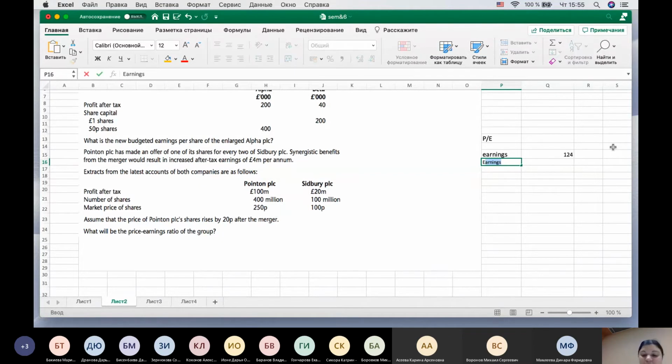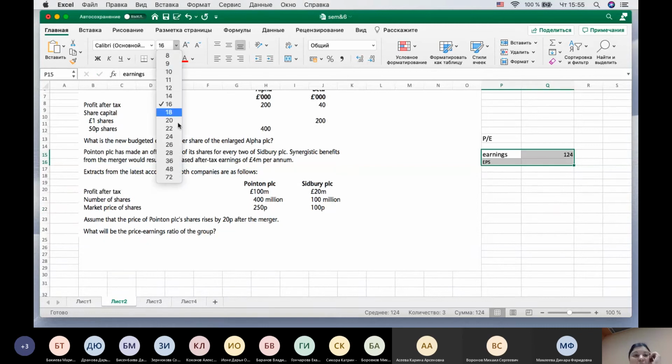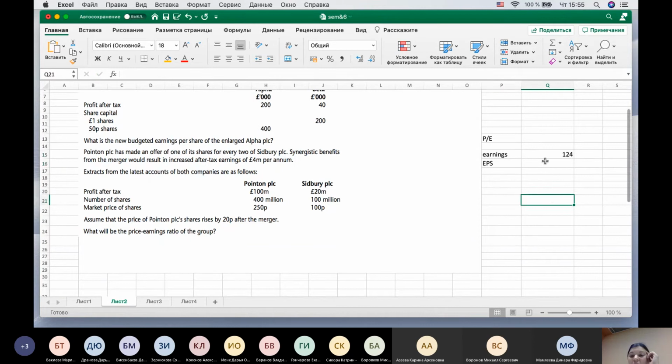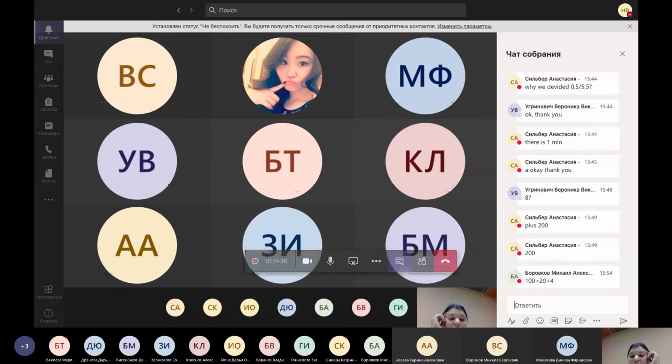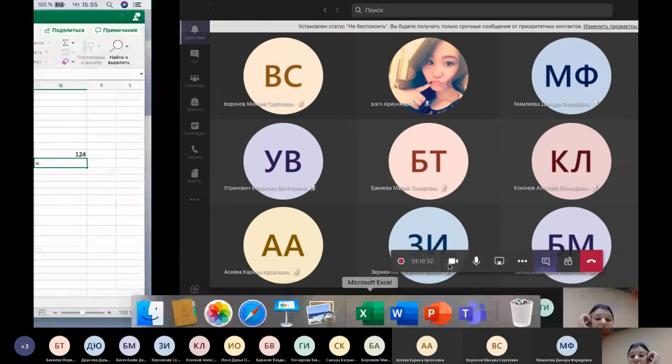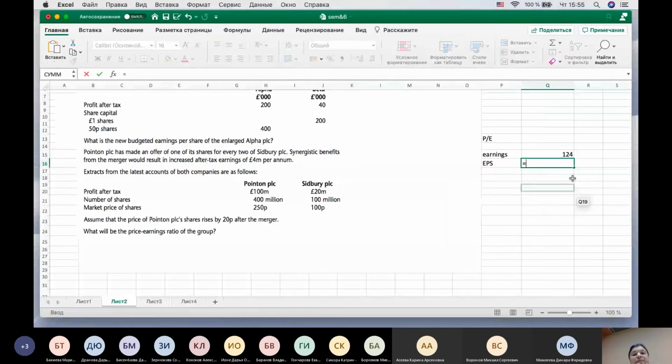Our EPS, earnings per share. How could we calculate our earnings per share? Our total earnings, but divided by what? Very, very simple. Divided by what?